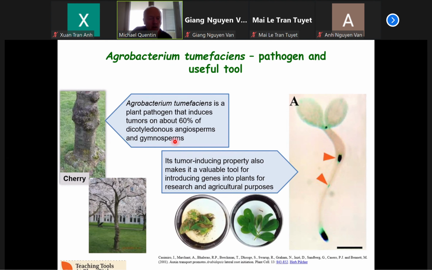And the use of Agrobacterium tumefaciens has allowed a lot of progress in plant research as well as for plant breeding. And we will review our knowledge on Agrobacterium tumefaciens in the following part of the lecture.